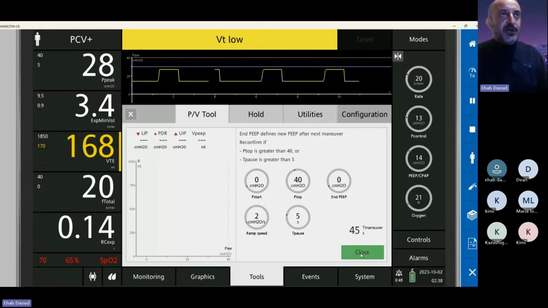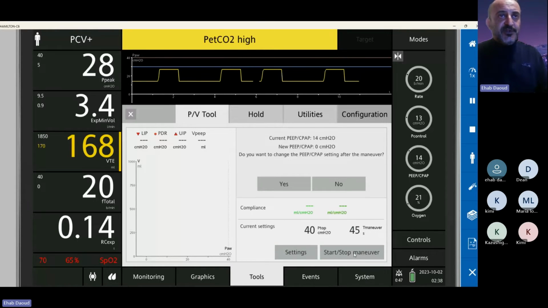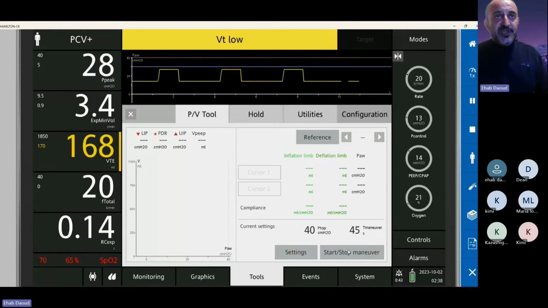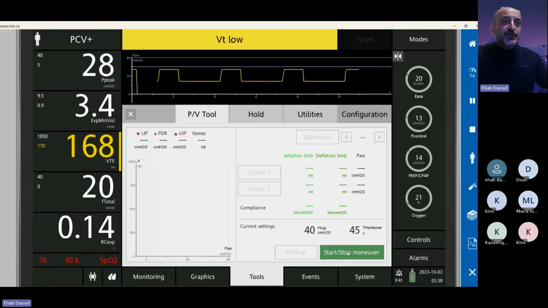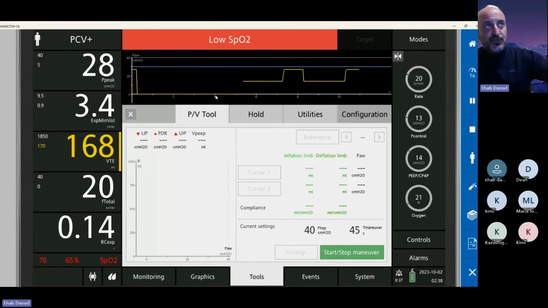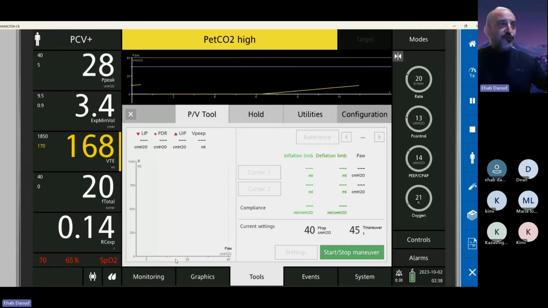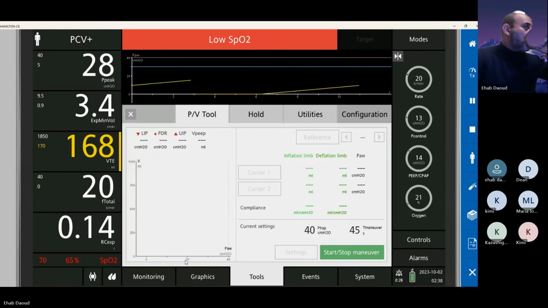And I'll show you what happens. So let's start the maneuver. The maneuver will actually take 45 seconds. So bear with me while the ventilator, as you can see here, stops. It will start to go up on the pressure very, very slowly, and we'll start constructing the pressure volume curve.